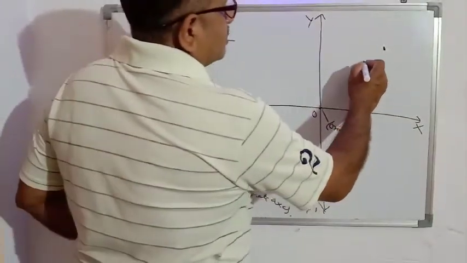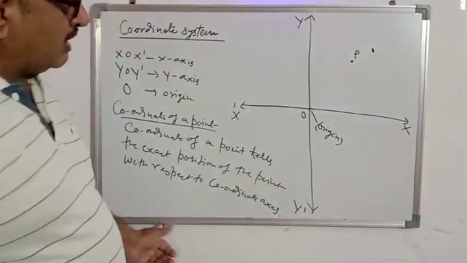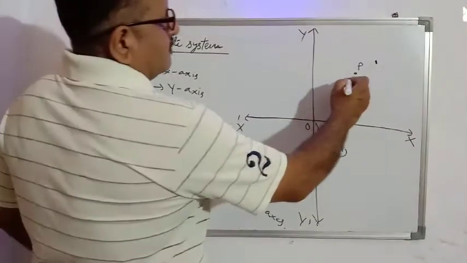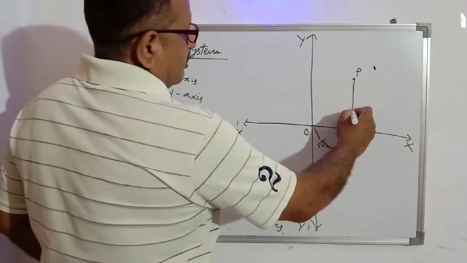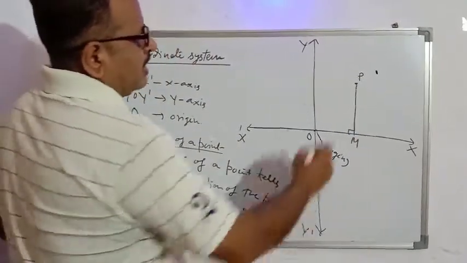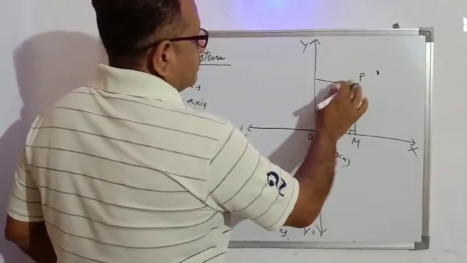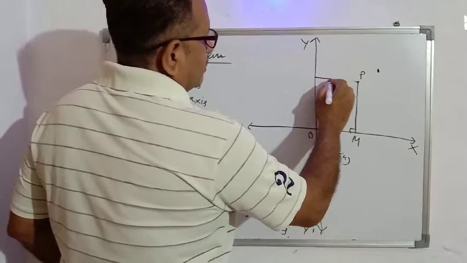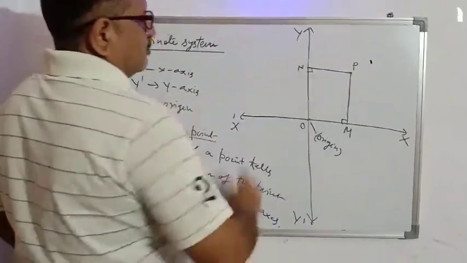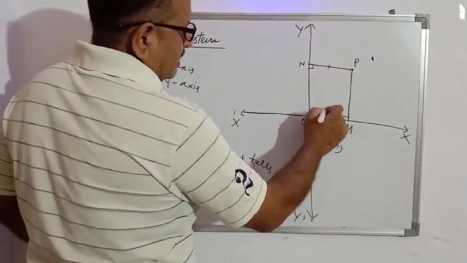Suppose we take one point P here. How can we know its exact position in this Cartesian plane? We draw the perpendicular from P on the x-axis, suppose it is M, and from P draw a perpendicular on the y-axis, suppose it is N. PN and OM will be equal.